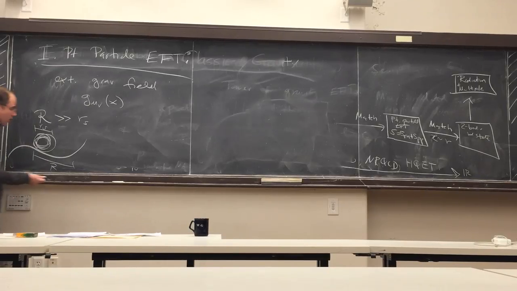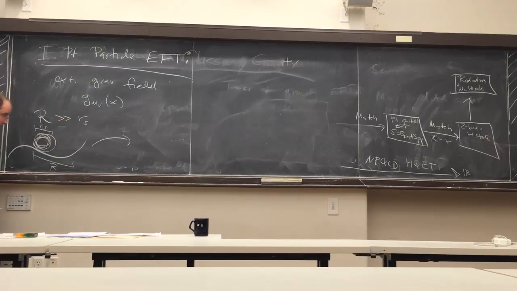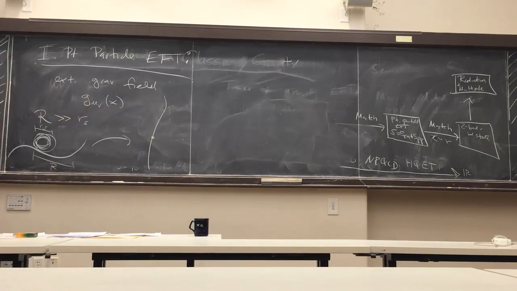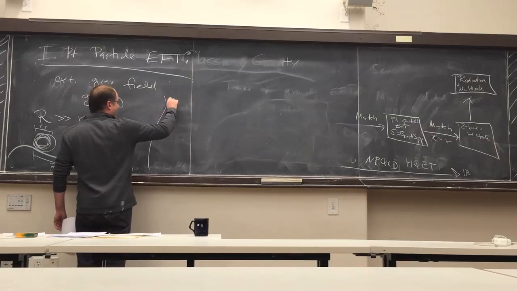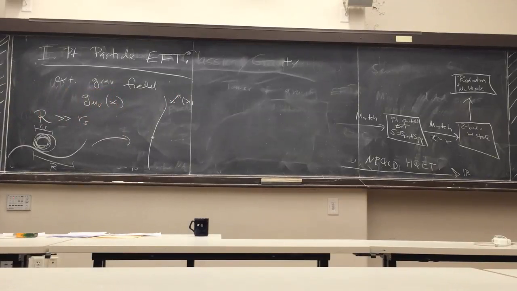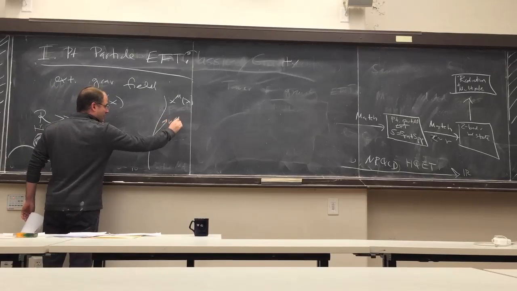In that limit, of course, the intuition is that you can replace the black hole just by a point object moving through spacetime, a worldline, if you like. This worldline is characterized by some trajectory, which depends on some parameter lambda. It has a tangent vector, the four-velocity.